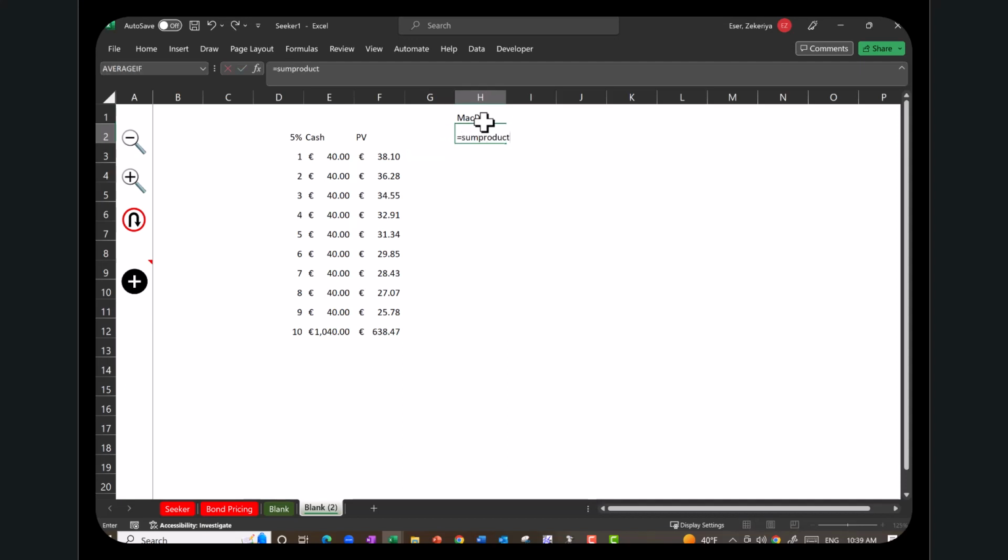SUMPRODUCT is a function that multiplies the elements in 2 columns. For each row, it multiplies them and adds up the products. SUMPRODUCT of these PVs with how long it's going to take me to wait. And I'm going to divide it by the sum of the PVs.